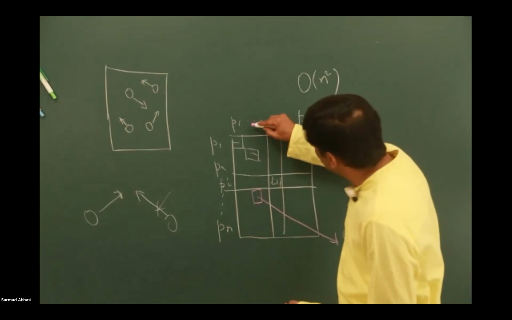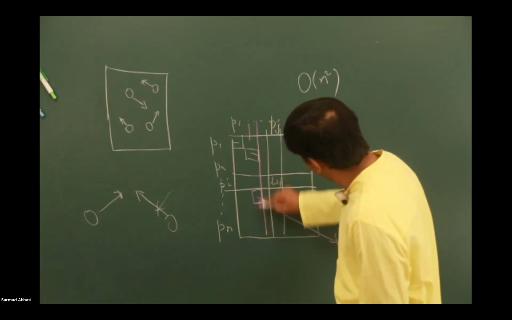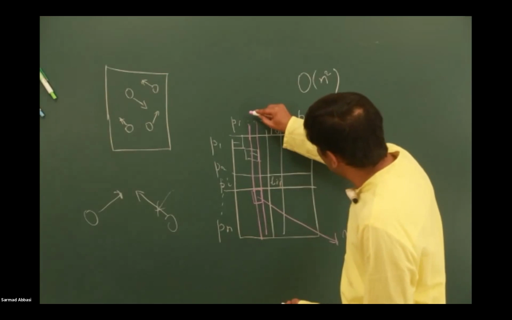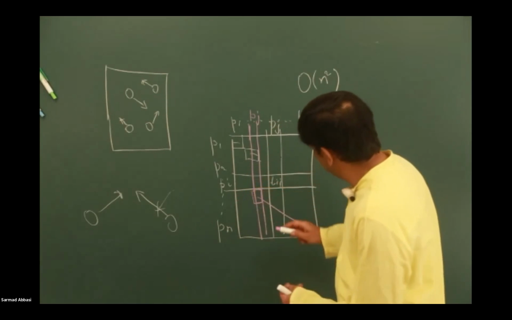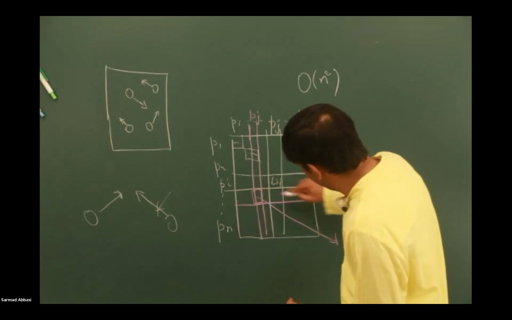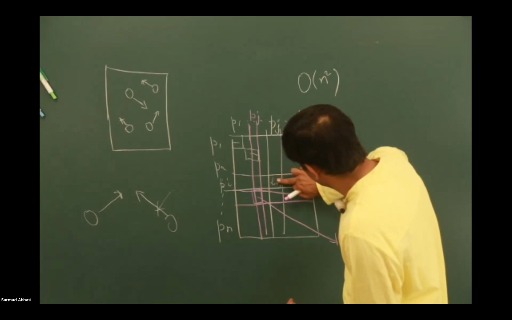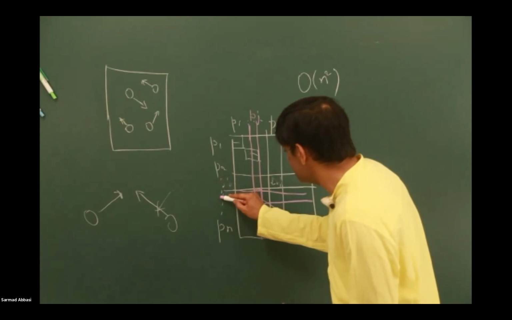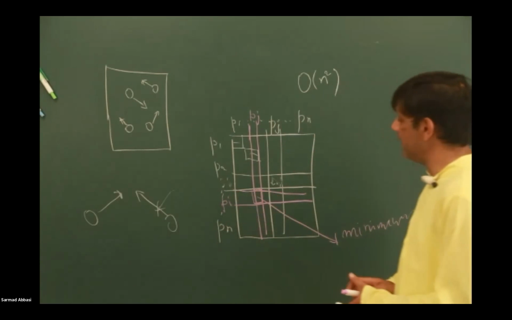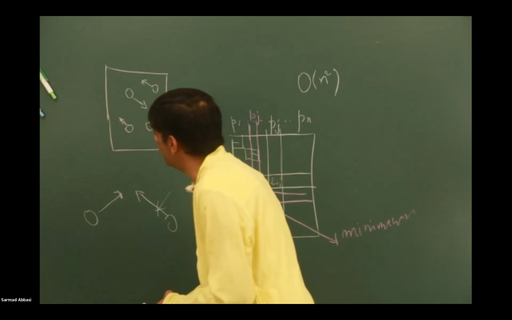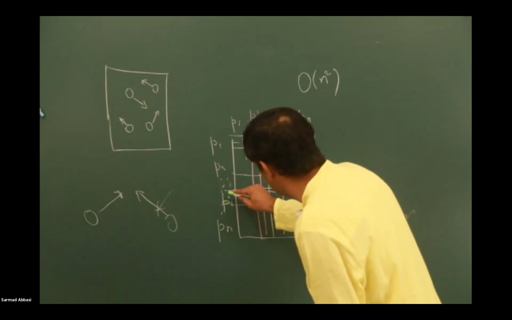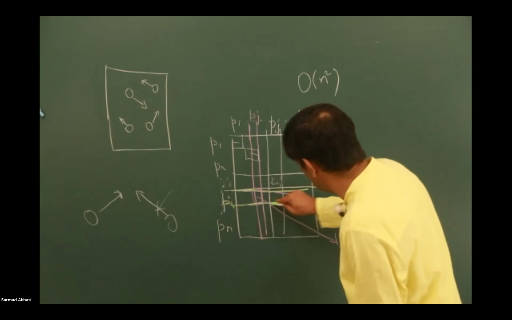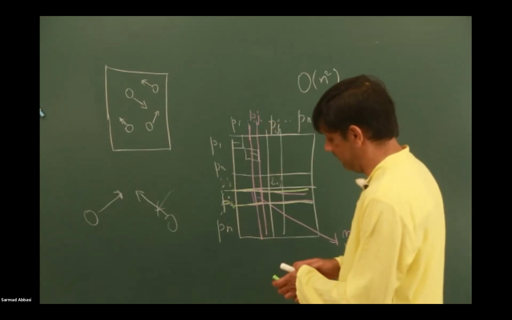So let's find that minimum. Let's call this Pi and let's call this Pj. In fact, I can color code this. Let's make Pi green and let's make Pj purple.